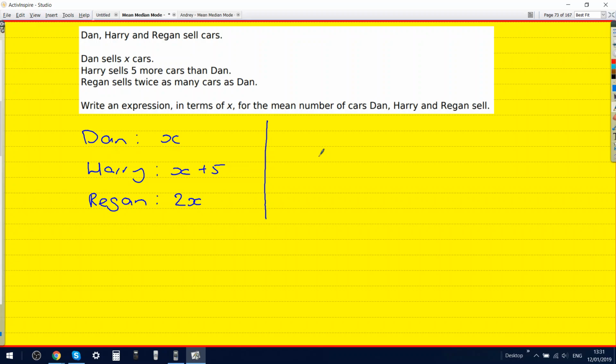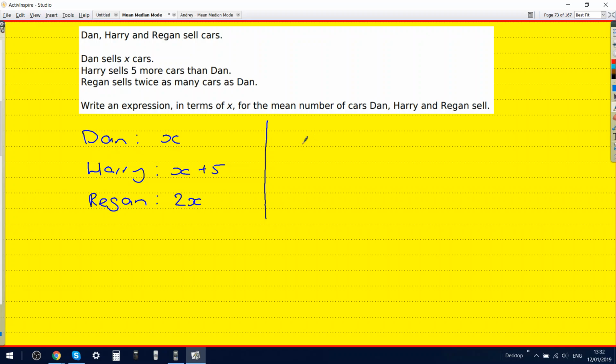So we know there's 3 people. Yeah. So you could simplify it. Don't simplify it. Just how would you find the mean? You would write the cars, how many cars, and then you divide it by 3.